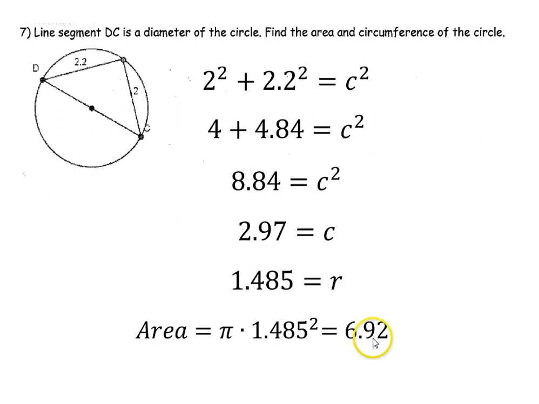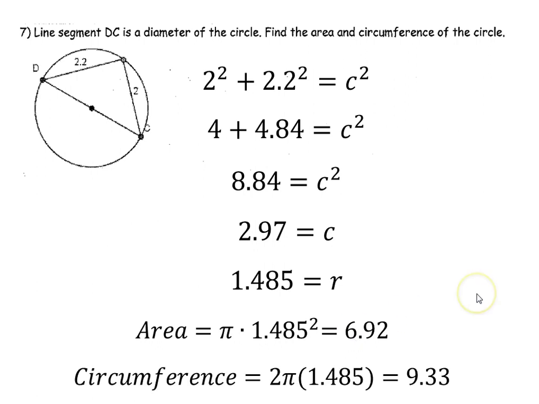But in terms of just numbers, since we're already dealing with decimals, I'll just multiply it by pi anyway and get about 6.92. That's the area. The circumference is 2 pi times the radius. And if I multiply all these things together, 2 times 3.14 times 1.485, I get 9.33. So the circumference of the circle is 9.33, and the area of the circle is 6.92.